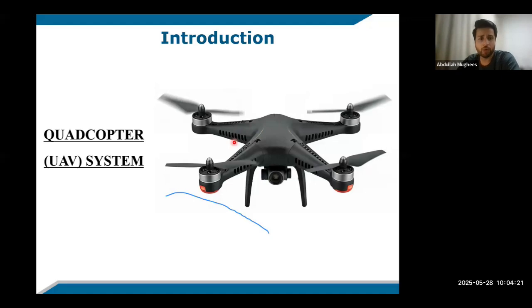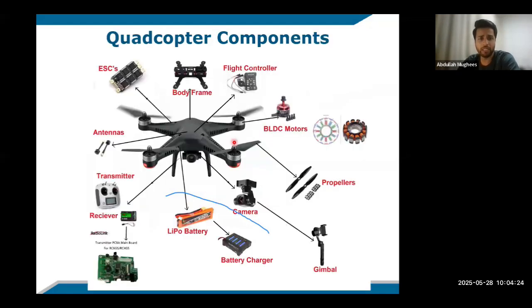So if we talk about the basic components that are to be used in a quadcopter system, we have a drone's body. Here we have something called an ESC. ESC is an electronic speed controller.